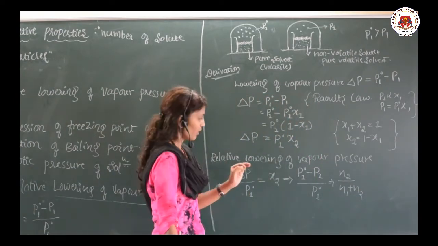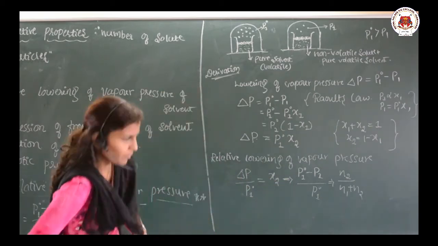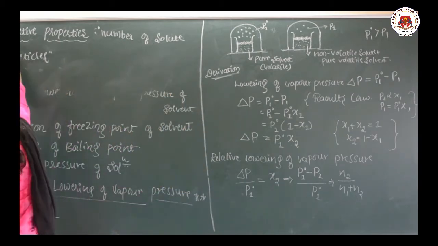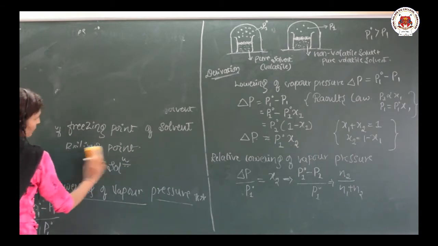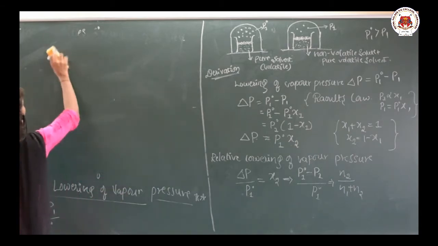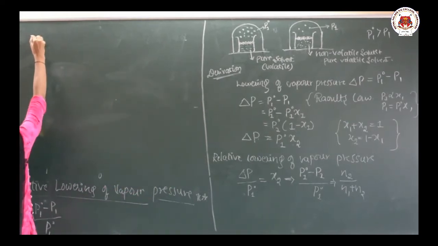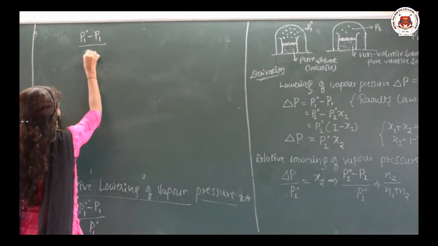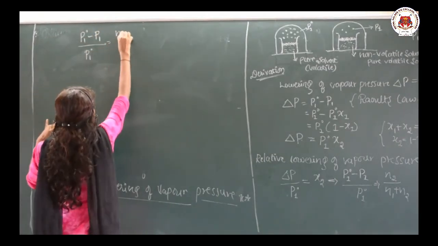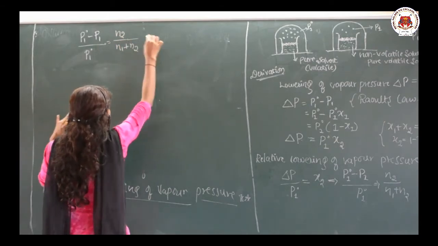Are you getting what I am telling? x2 is equal to n2 divided by n1 plus n2. So, P1 naught minus P1 divided by P1 naught is equal to n2 by n1 plus n2. This is the expression which we got.